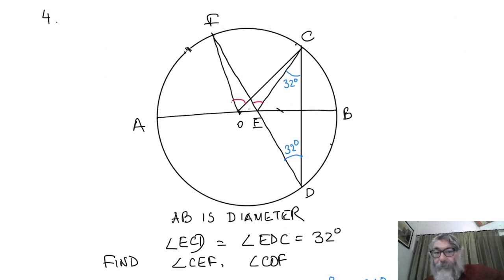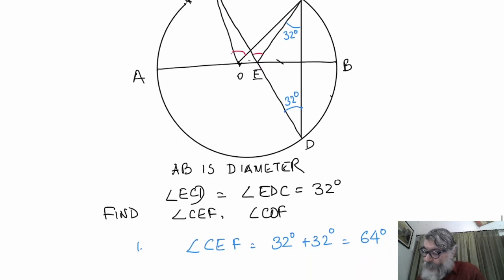Exterior angle ECD is equal to EDC, so 32 plus 32, that is 64. This has come, and O is the center, so that will also be 64.